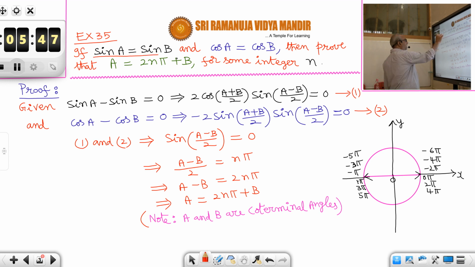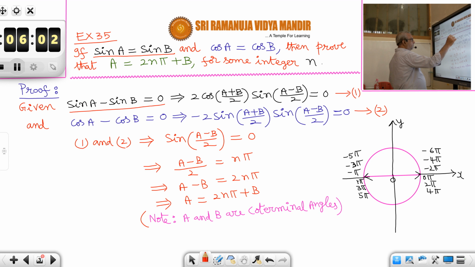Sin A is equal to sin B implies sin A minus sin B is equal to 0. I apply the transformation sin C minus sin D, which is 2 cos((C plus D) by 2) sin((C minus D) by 2). So 2 cos((A plus B) by 2) sin((A minus B) by 2) is given to be 0. Let us call it the first equation.